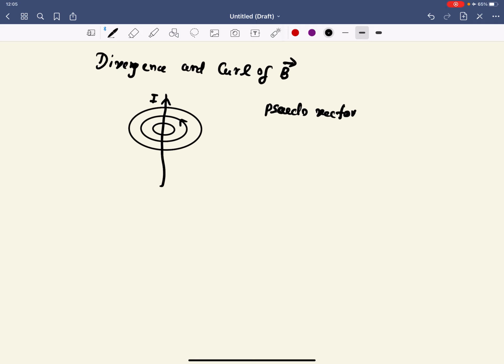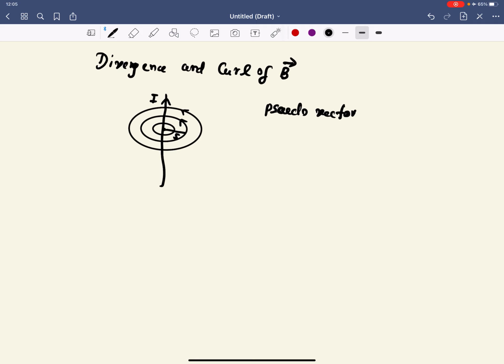So if you consider a loop, let's consider a loop with a radius of s for the loop, and this current carrying wire generates a magnetic field around it, and this denotes the magnetic field around the current carrying wire.